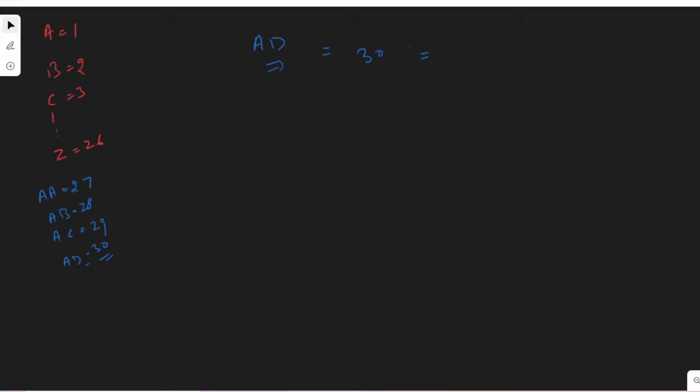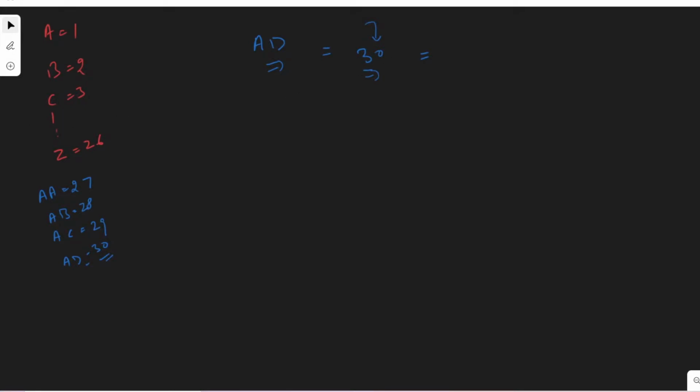Whenever you see such a question, some base values are given, and then you have to identify the output for some different or higher-level value. So just try to see a certain pattern in such questions. Let's say for AD it's 30. Let's see how this number 30 comes.